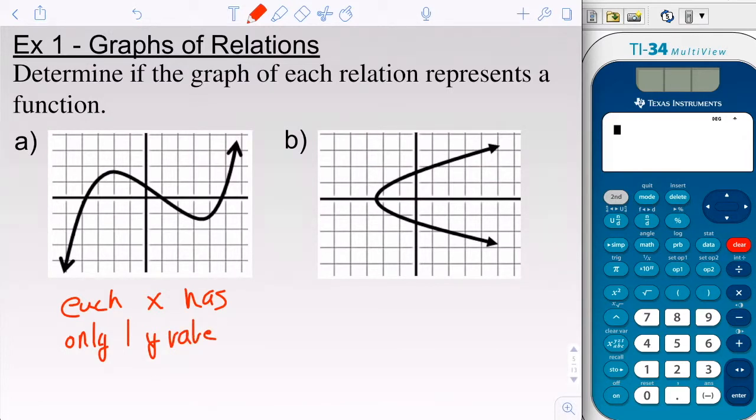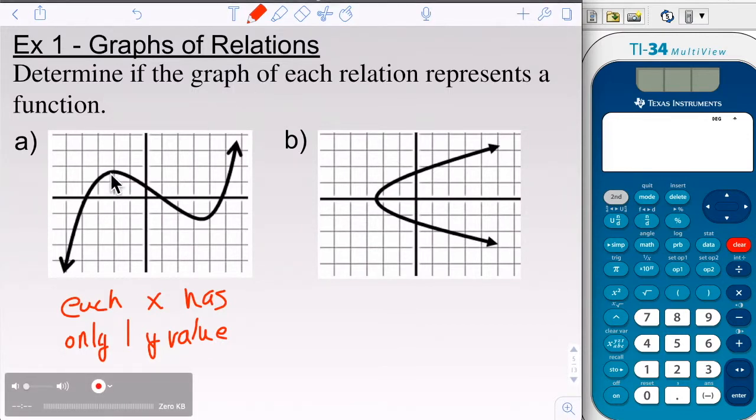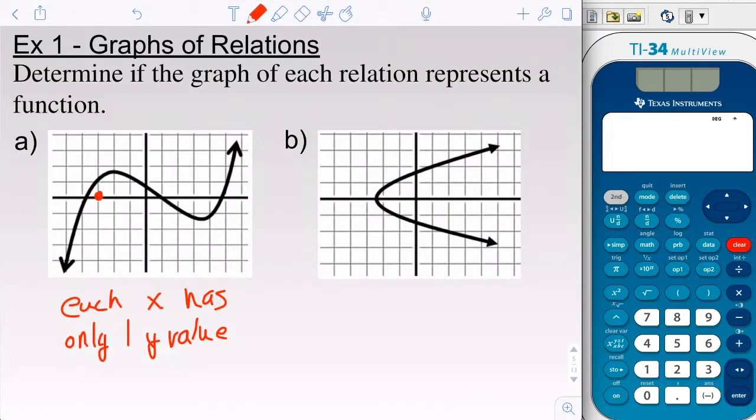So I can say, here's an x value of -3. Does this x value of -3 have more than one y value? The answer is no, it only has one right here. And I can make up some other random point. Does this x point only have one y value? Yes. Does this x point only have one y value? Yes.